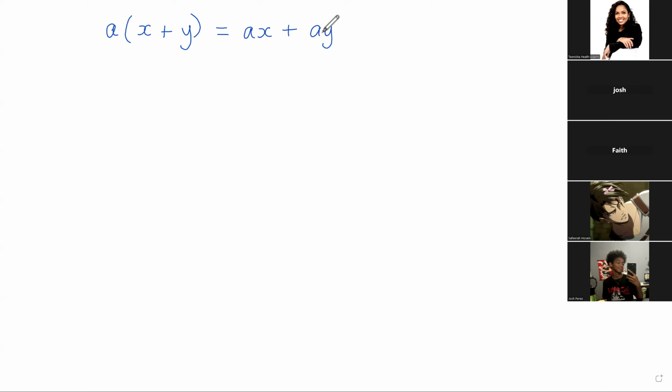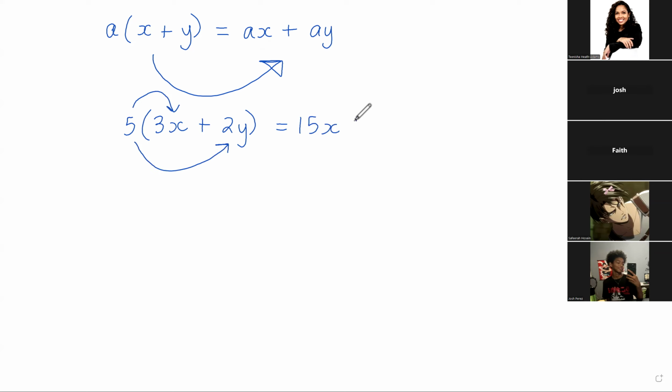So last week we looked at going from this to this. Some examples would have been if we had 5 by 3x plus 2y, well, this would be equal to 5 times 3x, which is 15x, and then 5 times 2y, which is 10y, right?